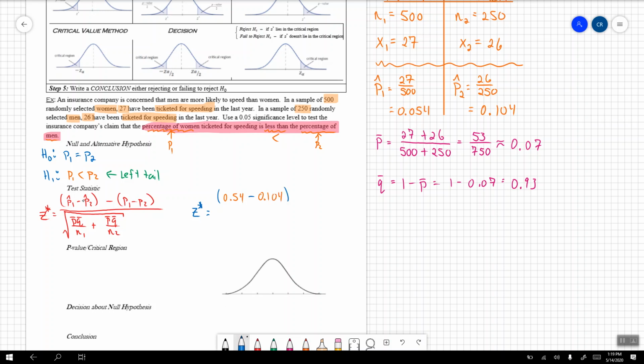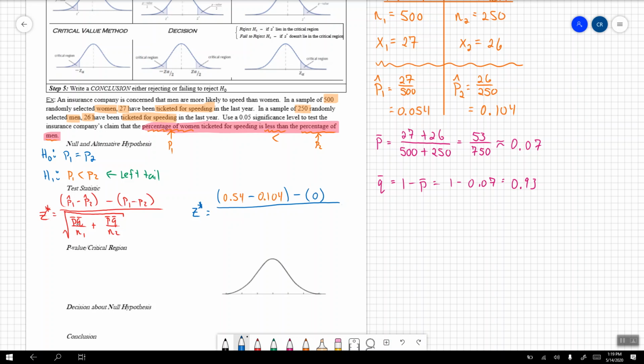That's p hat 1 minus p hat 2 minus p1 minus p2. But remember, the assumption that we have under p1 minus p2 is that they're both equal to one another. So what happens when you subtract a number from itself? Well, you naturally get 0. And this is always going to be the case for us. We're always going to be using 0 for this last part of p1 minus p2.